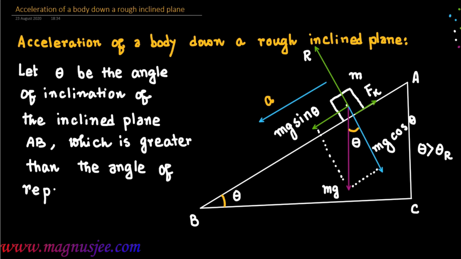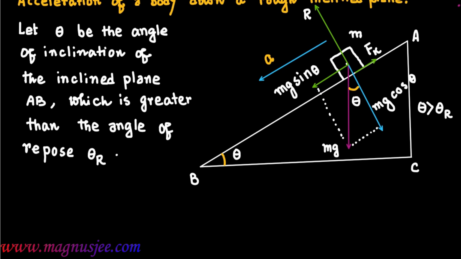Angle of repose is the angle at which the body is at the verge of moving down the inclined plane. Theta r is the angle of repose, and theta is greater than theta r.